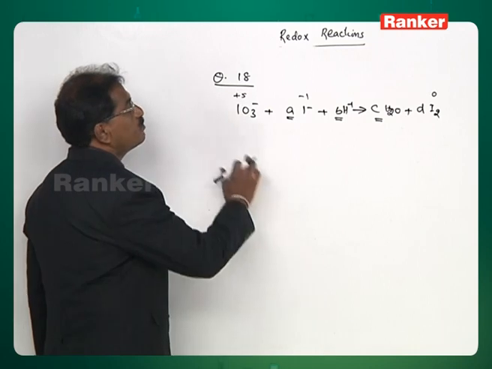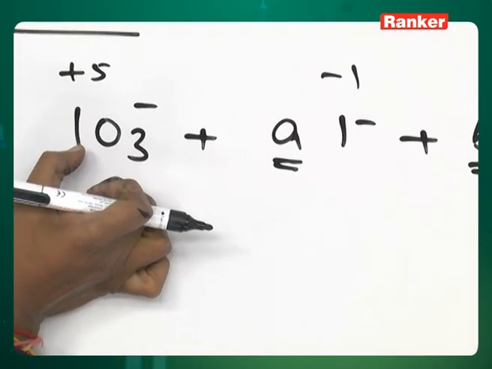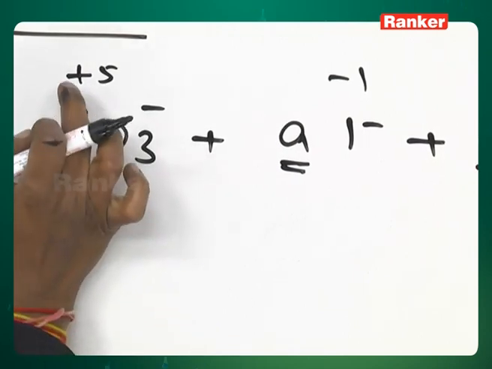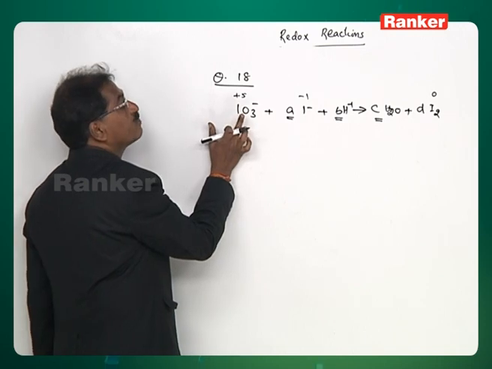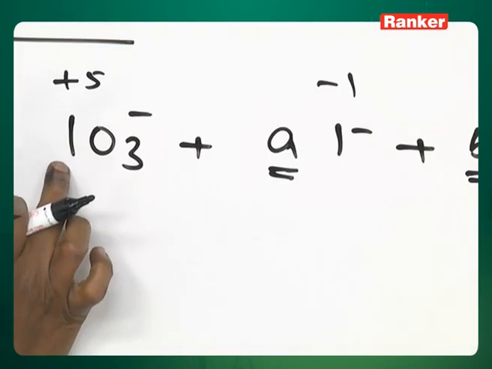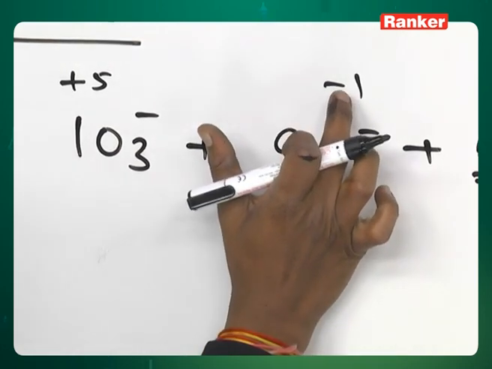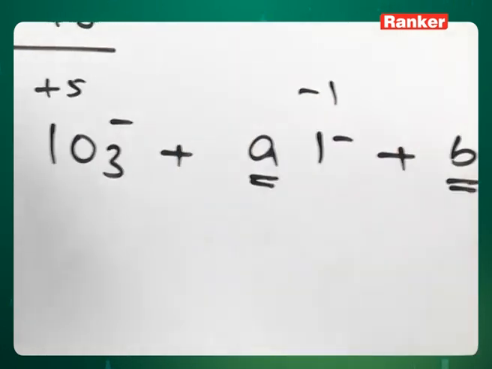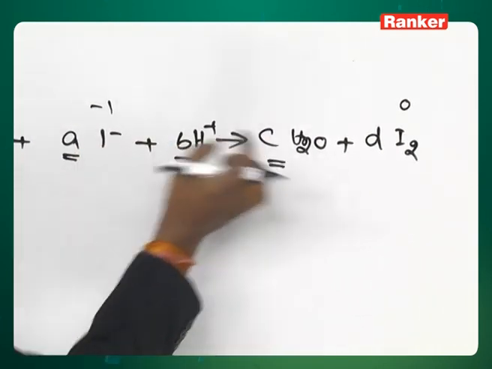That means if you observe the change in oxidation state, this iodine atom is gaining how many electrons? It is moving from plus 5 to 0, no? So it is gaining 5 electrons. This iodine is gaining 5 electrons. From where is it gaining? From the other iodine atoms. Here what is the oxidation state of the iodine? Minus 1. Here 0. That means each iodine is releasing 1 electron.